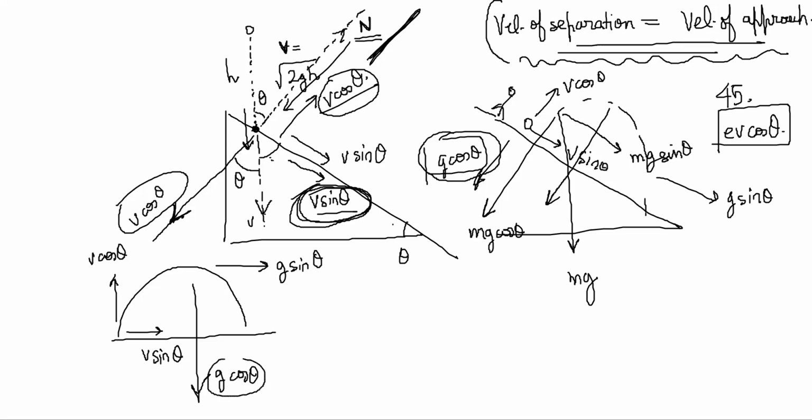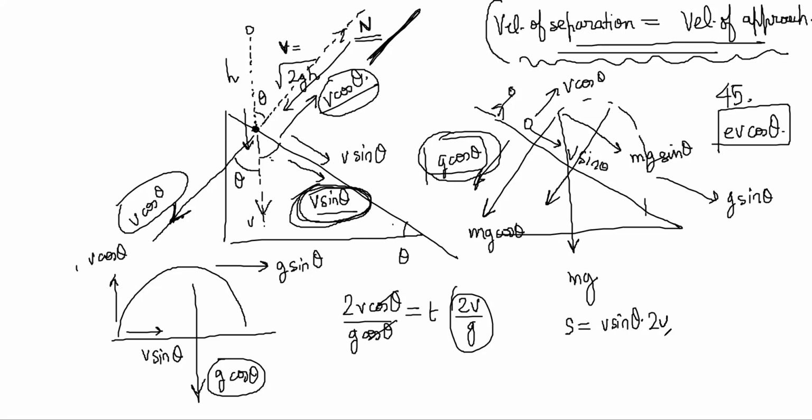So time of flight will be very easy. Time of flight will be 2 v cos theta by g cos theta, 2 times the vertical component by g cos theta, so that will be simply 2v by g. Distance traveled in this much time would be s is equal to ut plus half at square, so v sin theta into t, where t is 2v by g, plus half g sin theta into 2v by g whole square, so 4v square by g square.